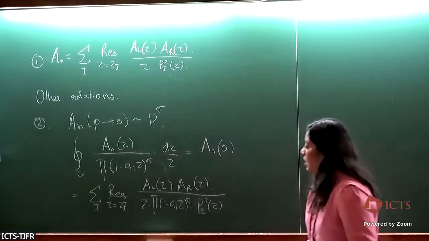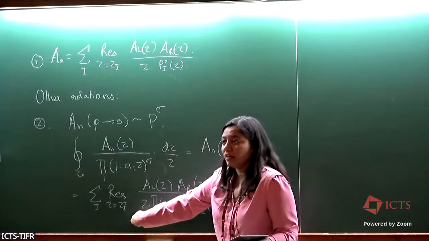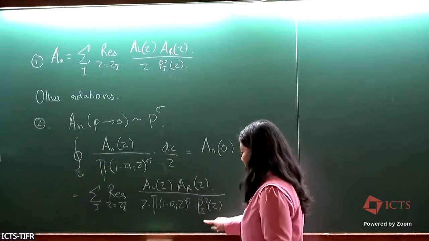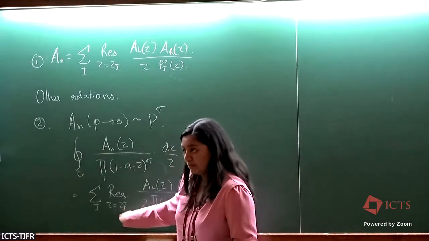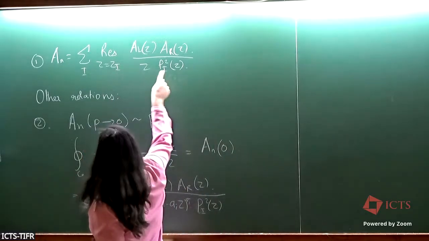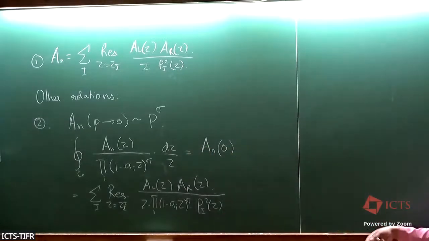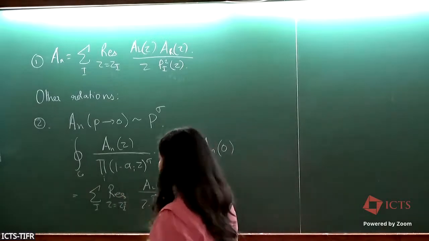Okay. So here, this is precisely what BCFW doesn't have. P_I squared of z is a quadratic function of z, and so you have 2 residues per factorization channel, whereas here you have exactly 1, because this is a linear function of z, because of how special the BCFW shift is. I should have said BCFW is Britto, Cachazo, Feng, and Witten, and BCFW was 2005.